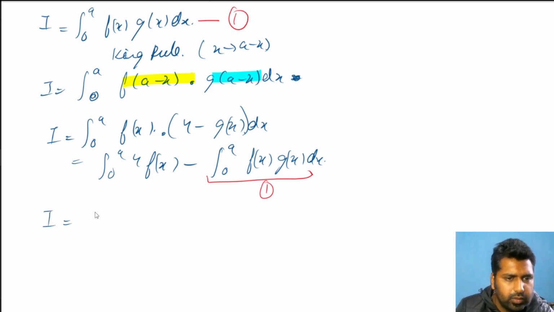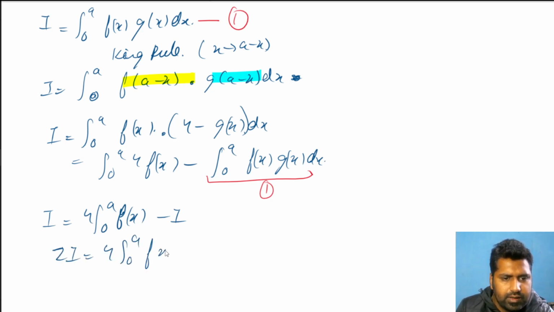So I is equal to integral 0 to a of 4 f(x), writing 4 outside, minus I. Get this I on the other side, so I becomes 2I, equal to 4 times integral 0 to a of f(x) dx.